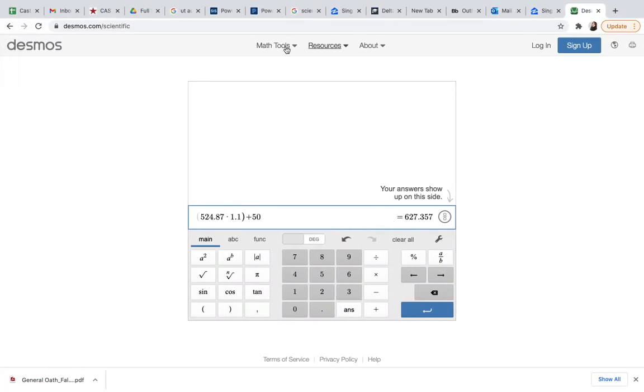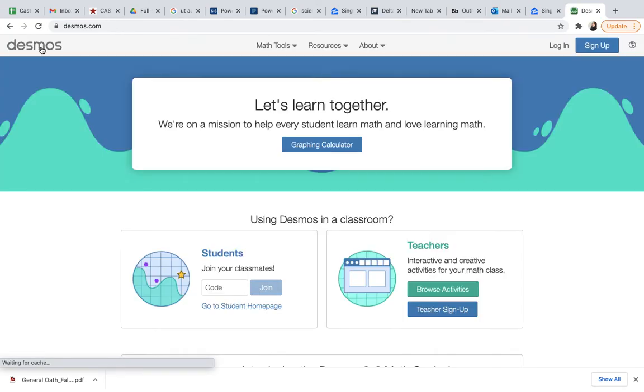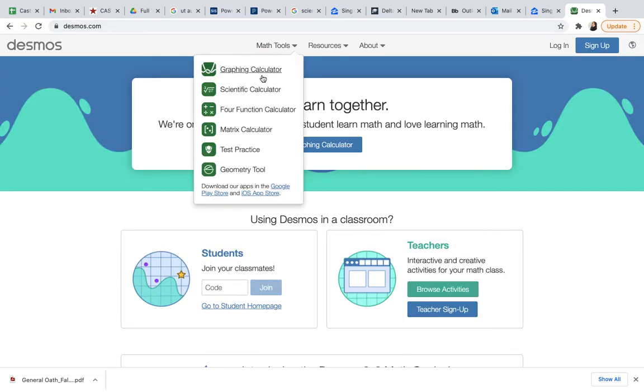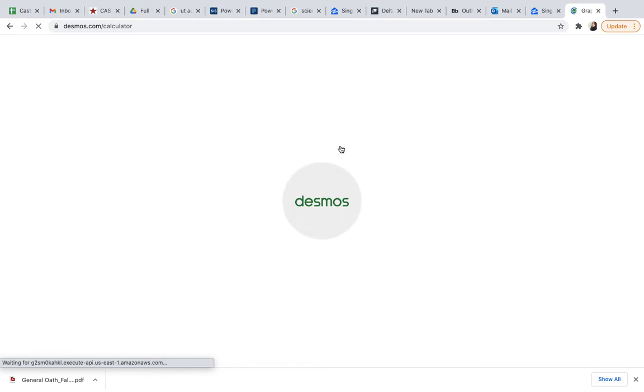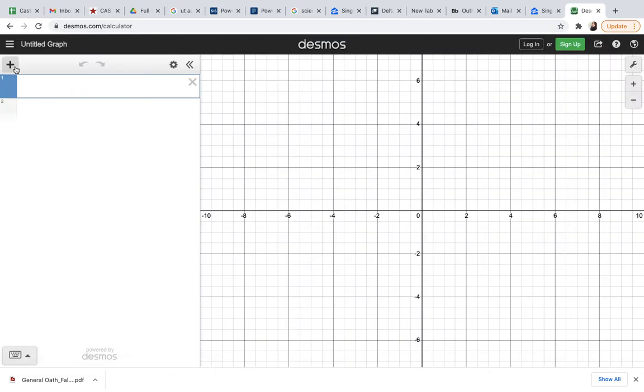So what I want you all to do is go to Desmos.com and go to your graphing calculator. You're going to input the explicit formula that we found in question 1.